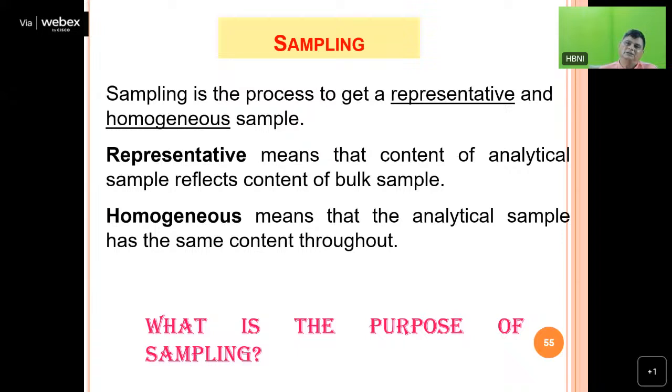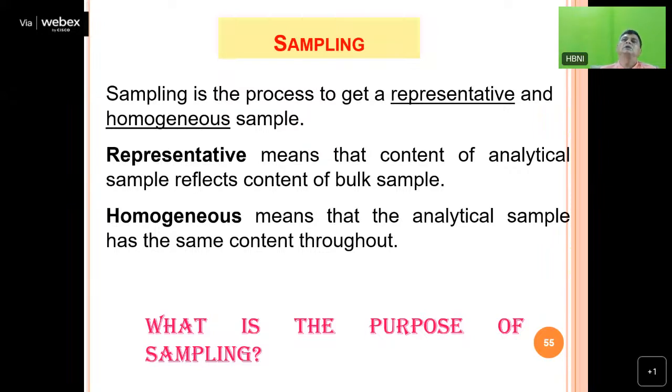But the Mumbai region is maybe 100 square kilometers of area, so how will you say, by doing some 10 analyses, that Mumbai soil has 10 microgram per gram of copper? No. For that you must have a representative sample.